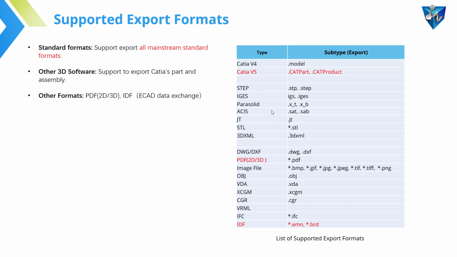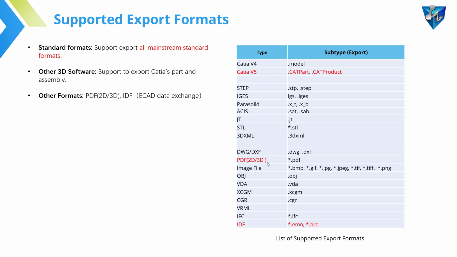What's more, CATIA's part and assembly are also supported for export. Of course, 2D formats like DWG, lightweight formats like 3D XML, and image formats like JPG are all supported. Besides, both 2D and 3D PDF are supported for export, which gives you more choices.